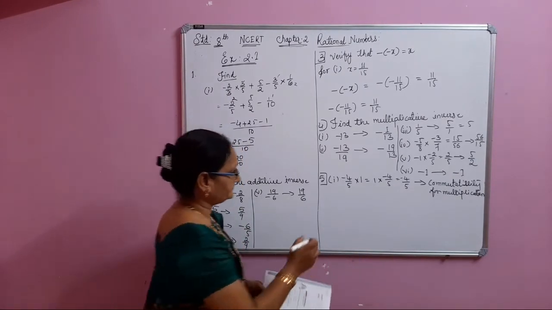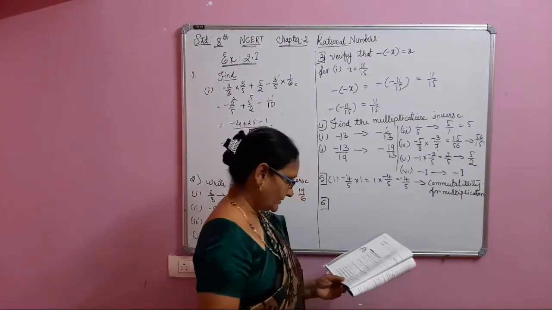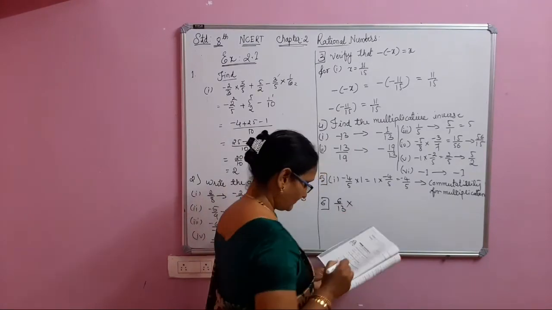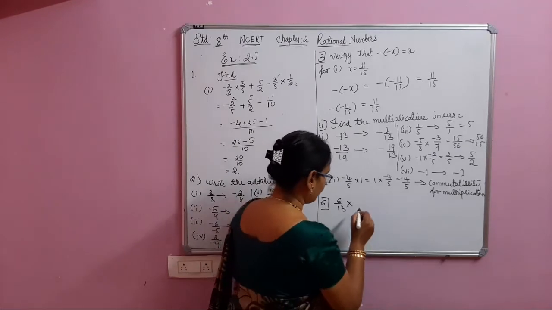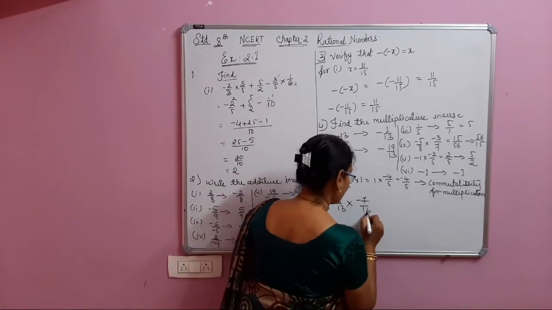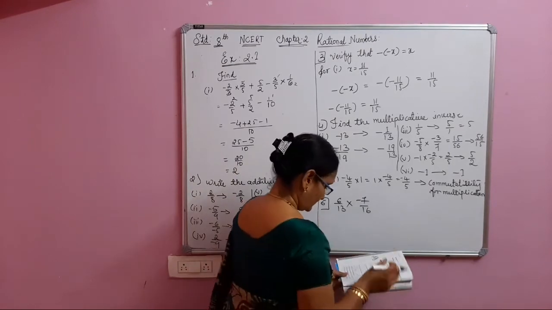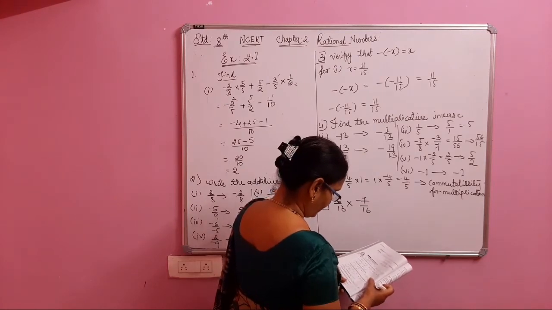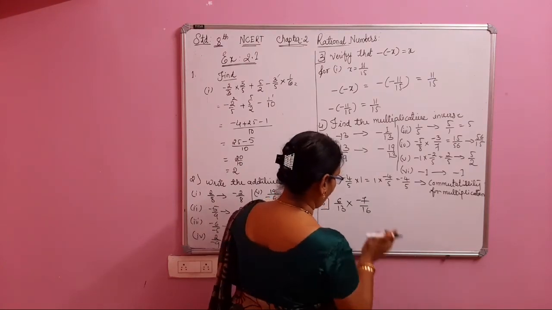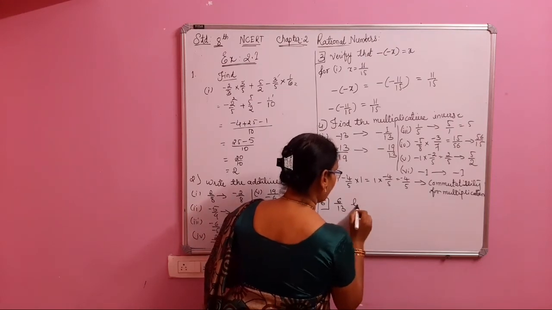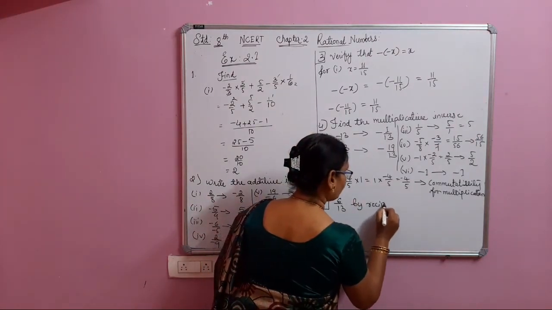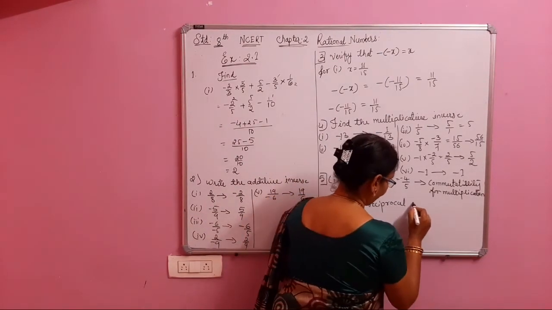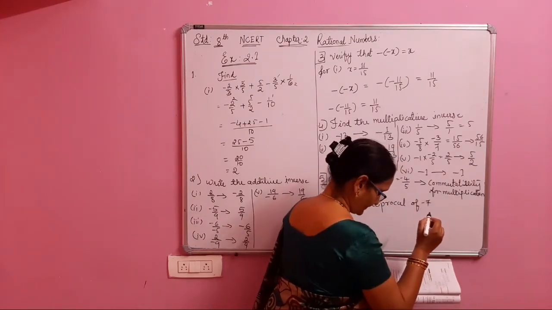Then sixth main: multiply 6 by 13 by minus 7 by 16. This is the sixth one. Directly we just have to multiply 6 by 13 by the reciprocal of minus 7 by 16.